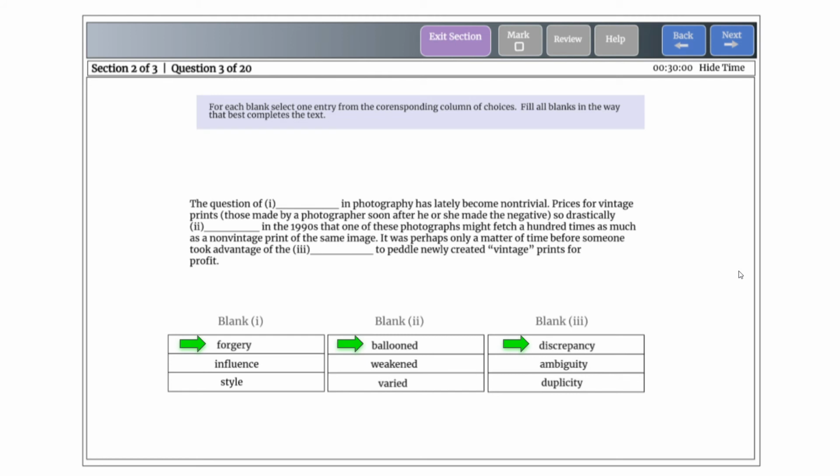So you can see here, if we were to just go through 1, 2, 3 and try to answer it, we probably would have messed up. So something to keep in mind on these longer passages: read through the whole thing, try to get an idea for it, and answer the blanks in whatever order makes the most sense to you. And then when you're done, go back and reread the whole thing with those words in the blanks and see if it makes sense as an entire unit.